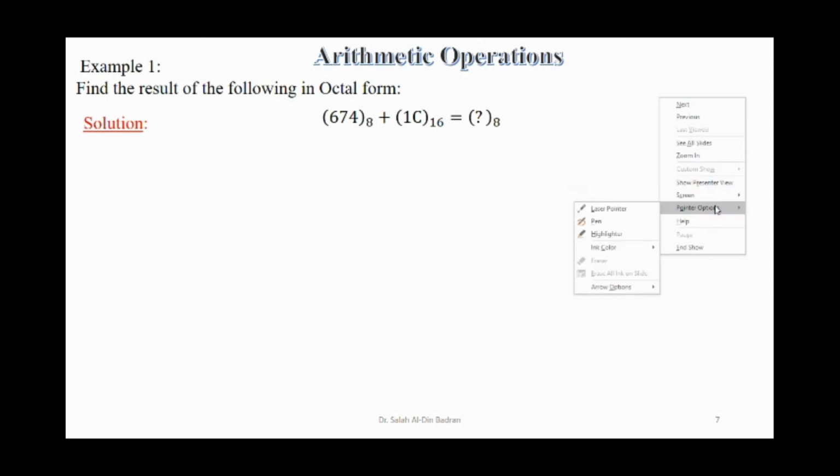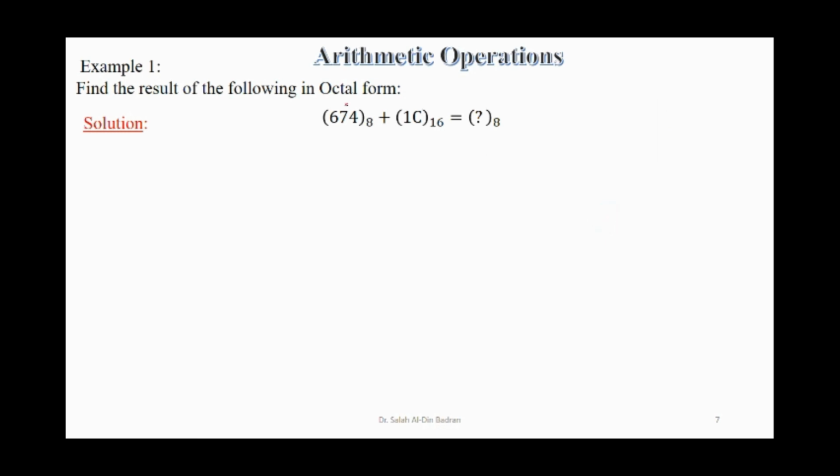Arithmetic operations. Now we will learn how we can perform arithmetic operations with different systems. For example, in this example, we need to perform addition to add this octal number to this hexadecimal number and the result to be in octal form. How can we do that? We have two methods.